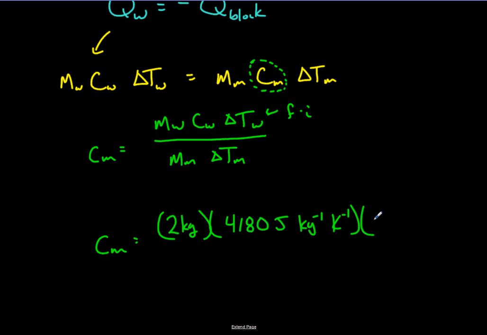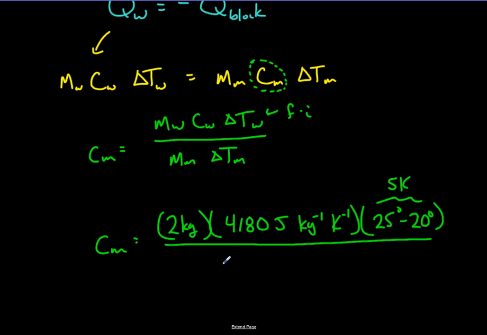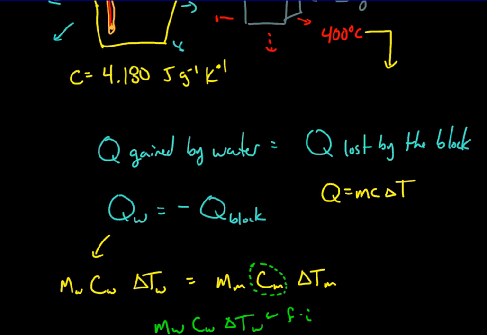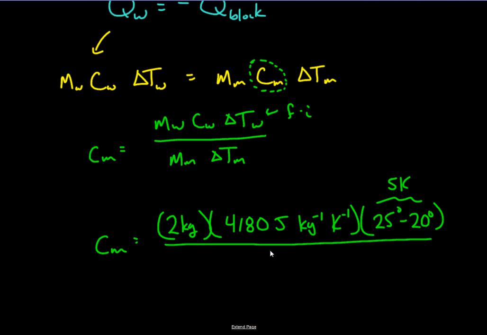So the final temperature is 25 degrees minus 20 degrees. Because it's a delta, we can use K, so this is just the same as saying 5 K. We could use degrees over here, it would have been irrelevant to our final answer. The mass of the metal was, what was it? 200 grams, so 0.2 kg.